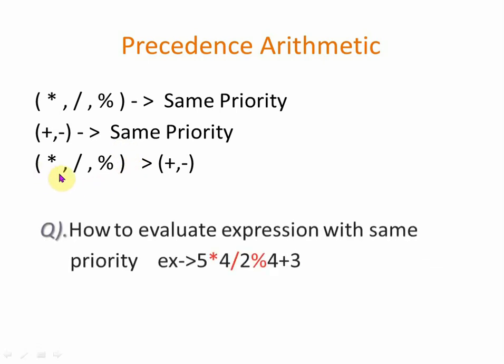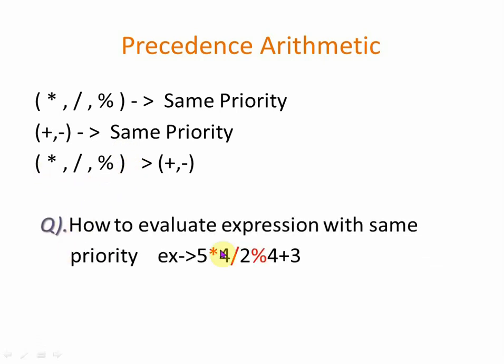Now let's see this expression. How to evaluate an expression with the same priority? Here plus comes after, so we will evaluate this part afterwards, because this part has the greater priority. So now what will you do? Will you multiply 5 into 4, or divide 4 by 2, or take the modulus of 2 and 4?